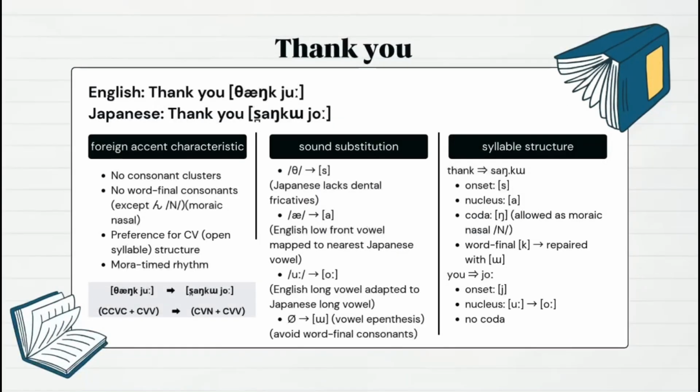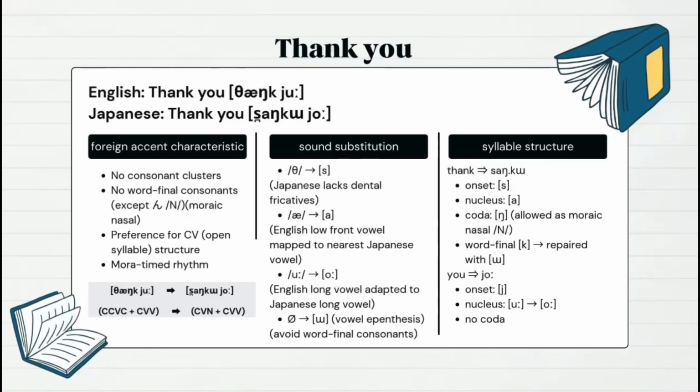And I'm going to talk about thank you in both English and Japanese. In English, we pronounce it as thank you, and in Japanese, we pronounce it sankyuu. And I'm going to talk about its foreign accent characteristics, sound substitution, and syllable structure.